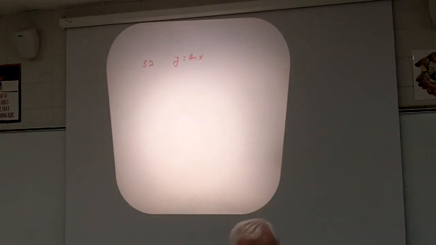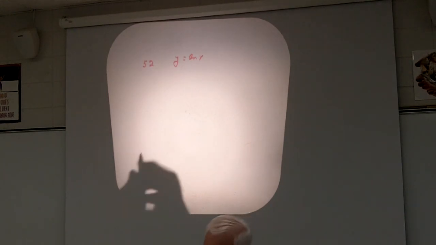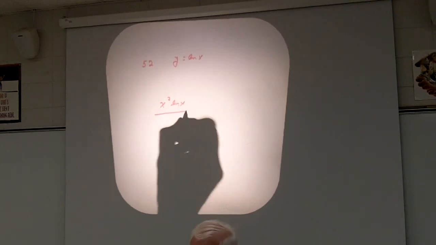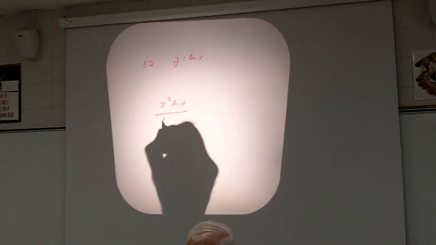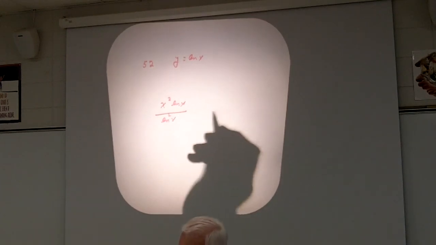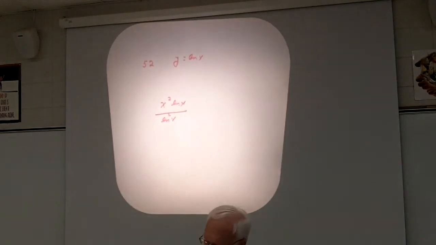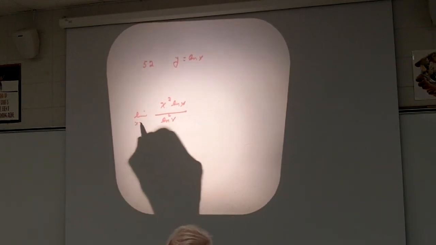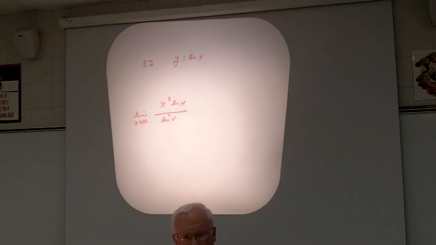Problem 50. Which grows faster? Did you do it this way? ln of x all over ln of x squared. And as x approaches infinity, who has a clue to get started?